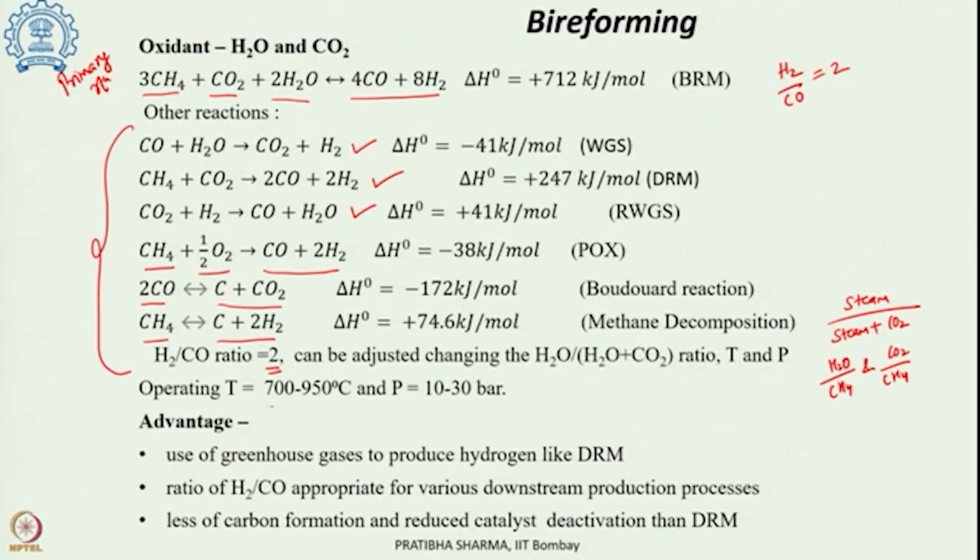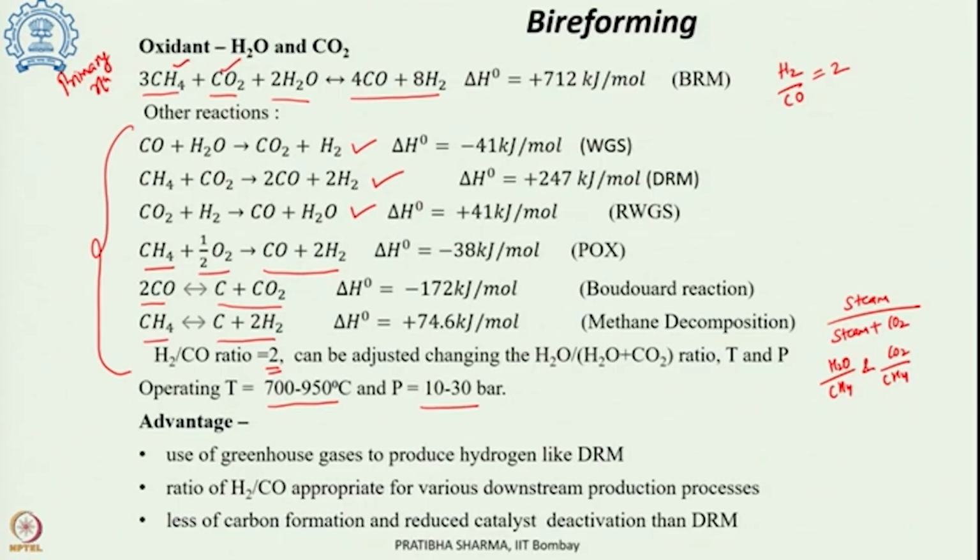The operating temperature in the process is between 700 to 950 degrees centigrade and pressure between 10 to 30 bar. Now the advantage of bi-reforming is that here again we are using greenhouse gases to produce hydrogen or H2 syngas in the desired ratio of hydrogen to carbon monoxide, such that, for the required application, it can be used directly for various downstream production processes.